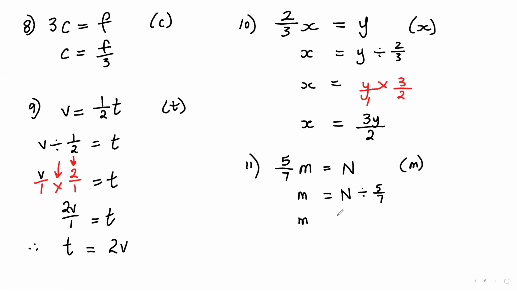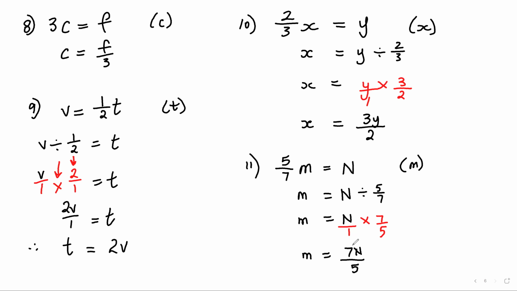However, when you are dividing by a fraction, it actually is multiplying by the reciprocal. The reciprocal of 5 over 7 is 7 over 5. So you'll have n over 1 times 7 over 5. And that would give me n times 7, which is 7n, over 1 times 5, which is 5.